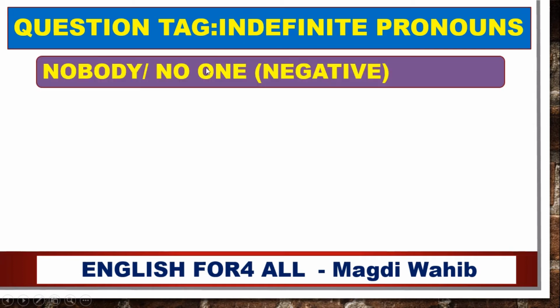Let's see. If we say nobody, no one, they already have the meaning of negative inside them, so when I put a question tag I will make it positive, because nobody or no one already has the meaning of negative. So let's have an example.